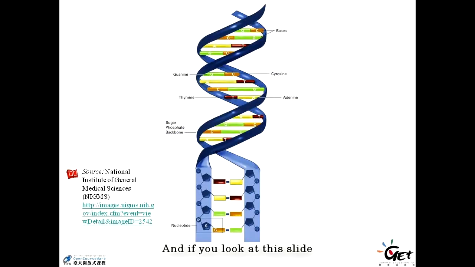This is a textbook version of the DNA structure. DNA is usually double-stranded in our genome, and they have the basic base pairing, AT and GC.